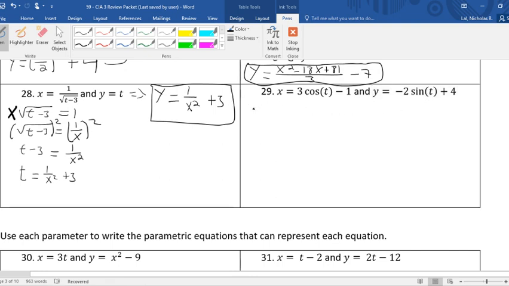Our goal is first to isolate our trig functions. When we isolate them, the cosine of t is going to be x plus 1 over 3.